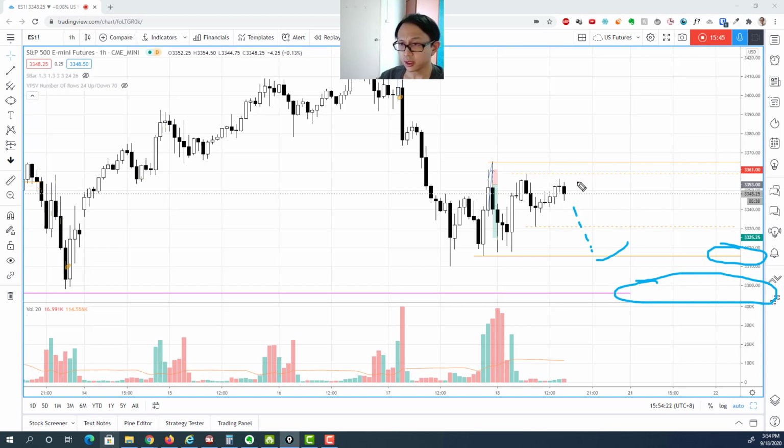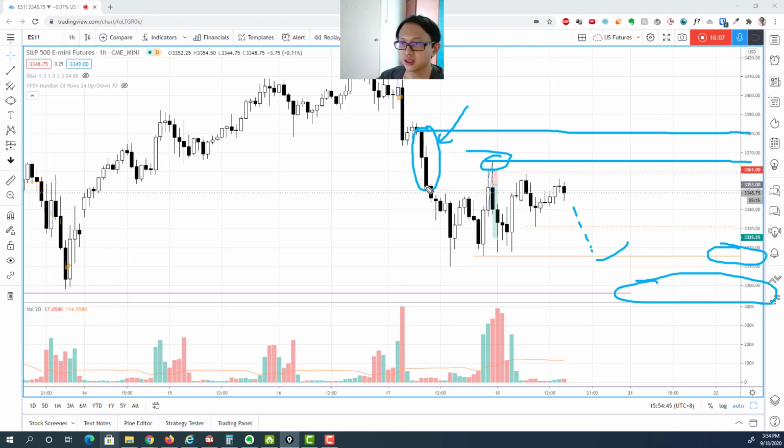And if you want to see continuation to the upside, the previous day high, annotated in the orange line here, is about 3365. So definitely this is the immediate resistance level. And I'm still watching closely these two supply bars here, from 3380, about 3350.